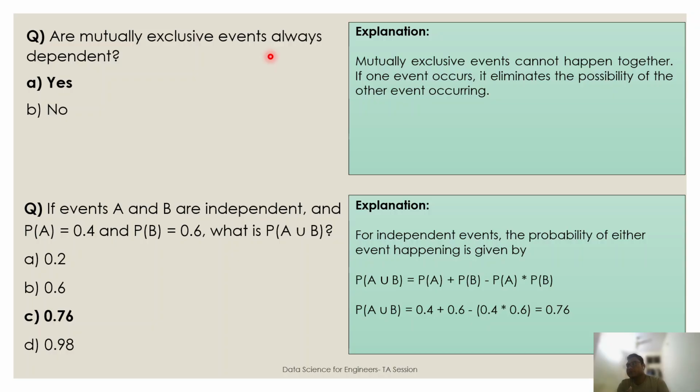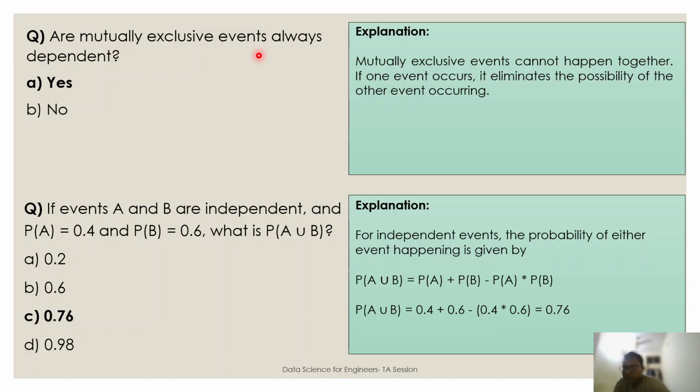I am dependent on someone else. So when we have a coin and I toss the coin, if head appears, that is an example of a mutually exclusive event. If head appears, you will not get the tail. So right now, if head appears, that is one event, and tail appears, that is another event.